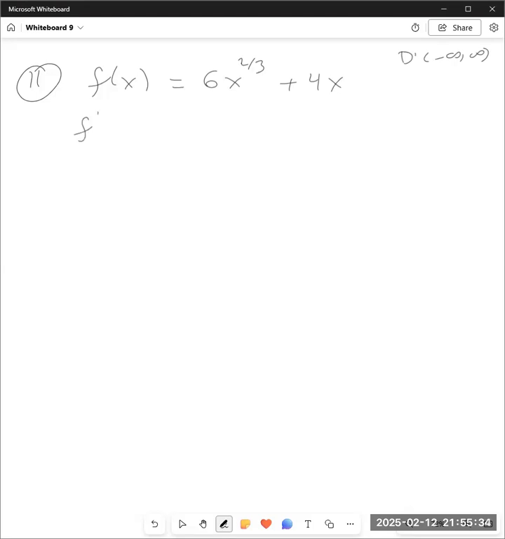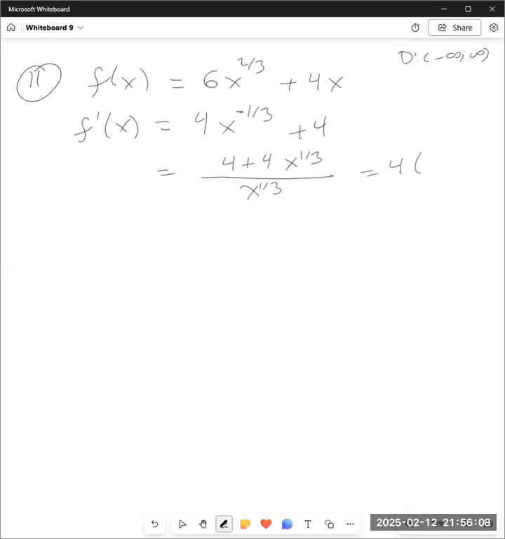Our derivative is going to be 12/3, which is 4, x to the negative 1/3, plus 4. That is going to be x to the 1/3 multiplied by x to the 1/3 over x to the 1/3, giving 4 plus 4x to the 1/3.